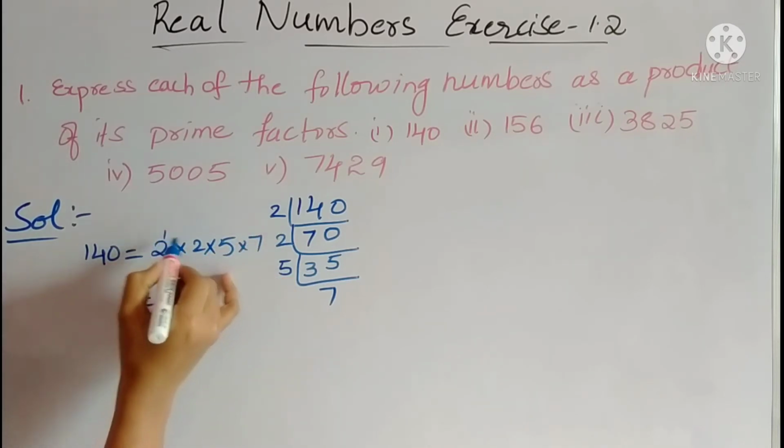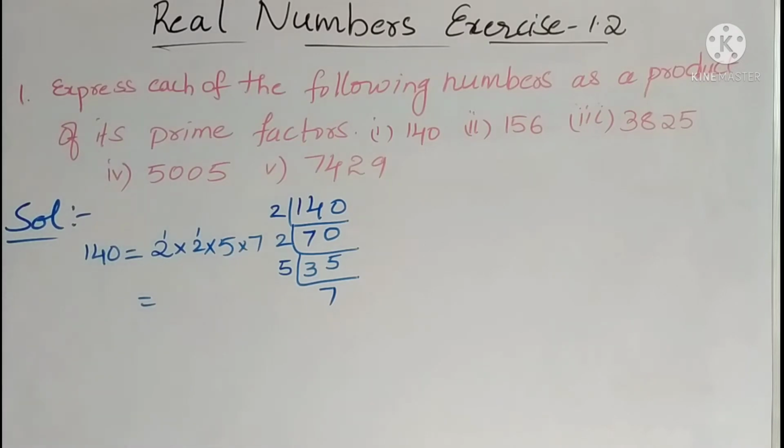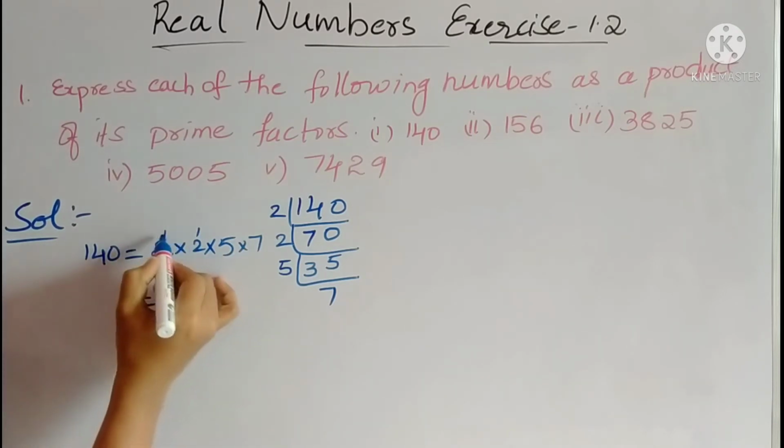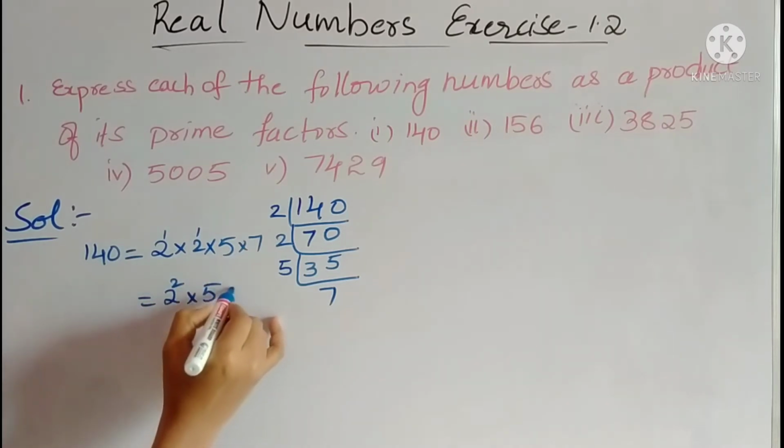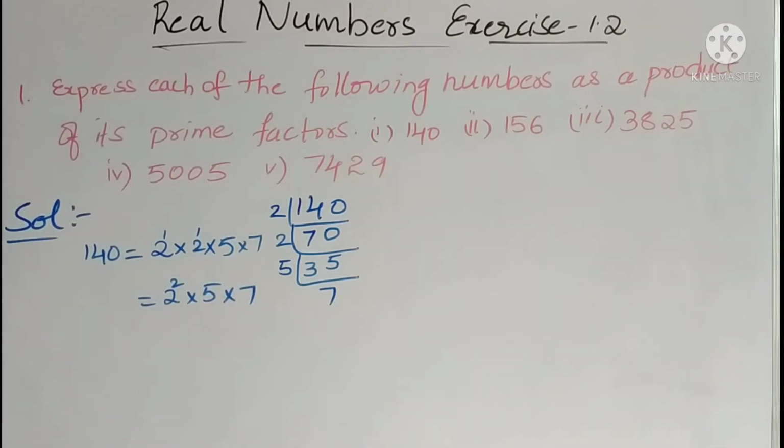So 2 into 2 means 2 power 1 into 2 power 1. When these bases are equal, the powers will be added. So 2 square into 5 into 7. Okay, so this is the product of prime factors of 140.